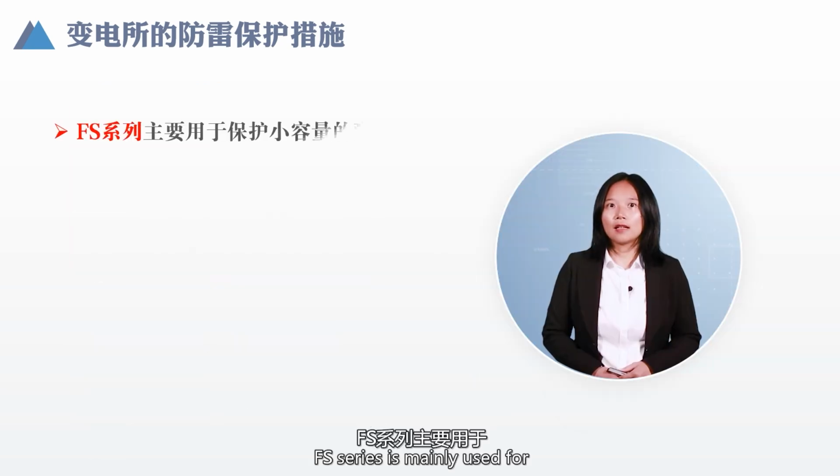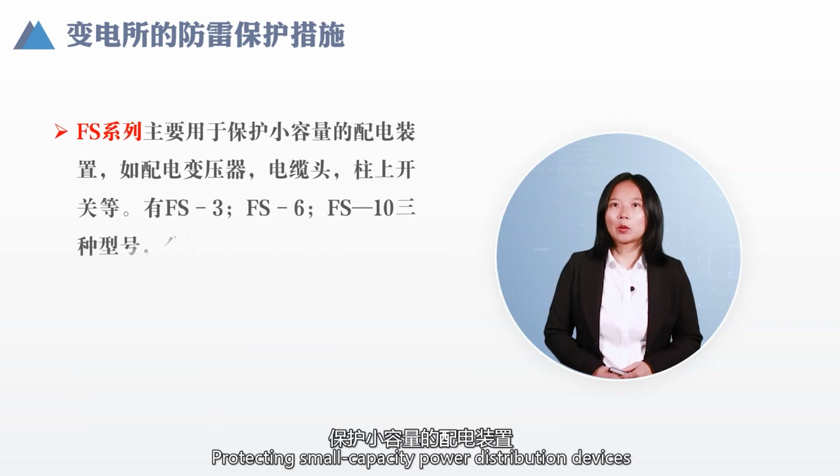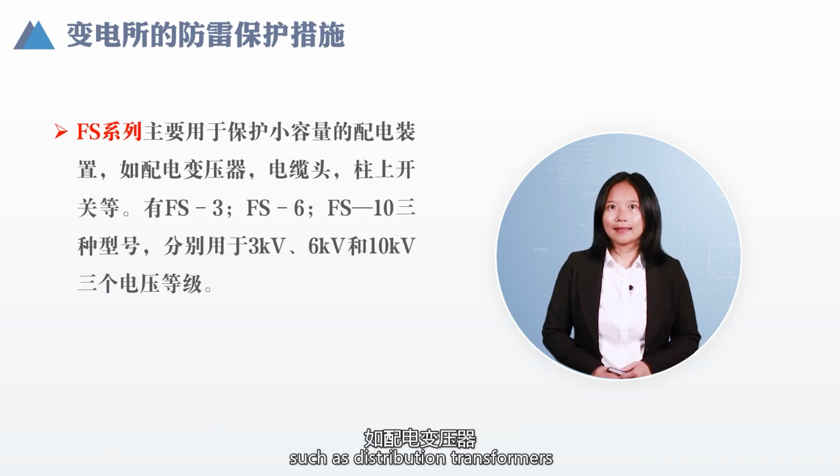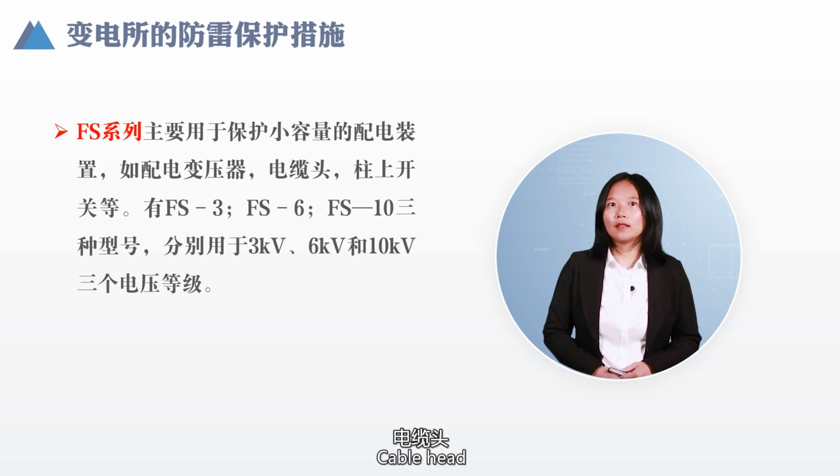FS series is mainly used for protecting small capacity power distribution devices, such as distribution transformers, cable heads, column switches, etc. There are FS3, FS6, and FS10, three models for 3 kV, 6 kV, and 10 kV, three voltage levels.